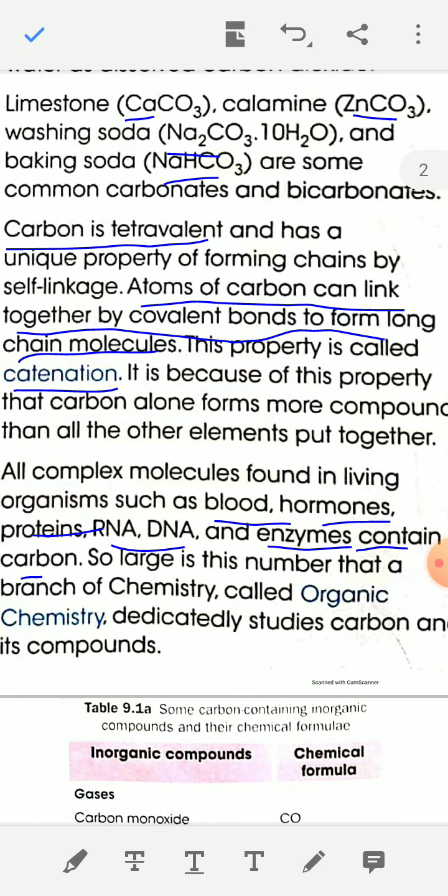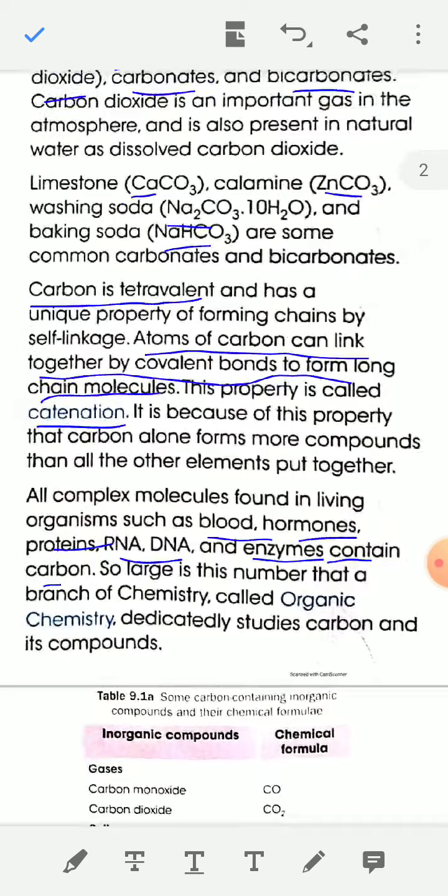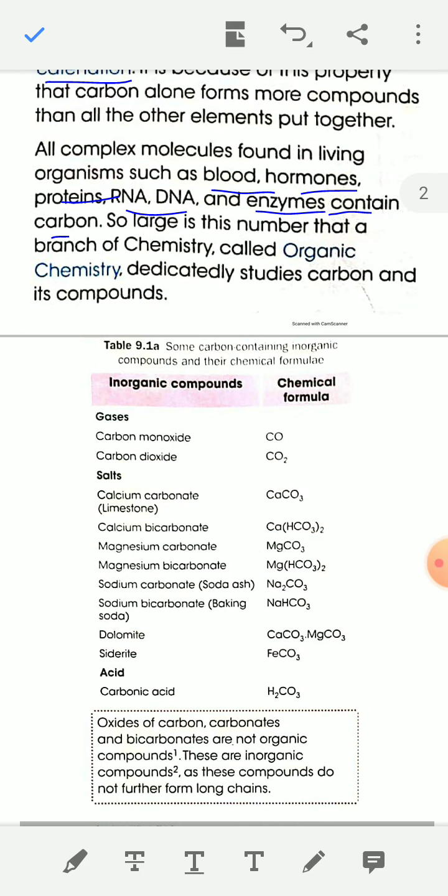So large is this number that a branch of chemistry, which is called organic chemistry, dedicatedly studies carbon and its compounds. In organic chemistry, you have to study carbon and its compounds.